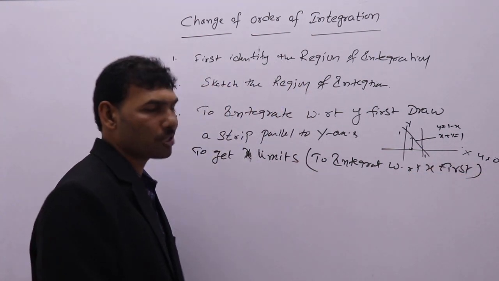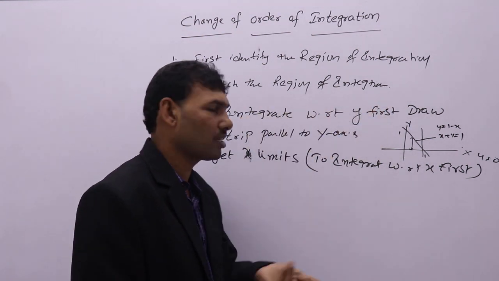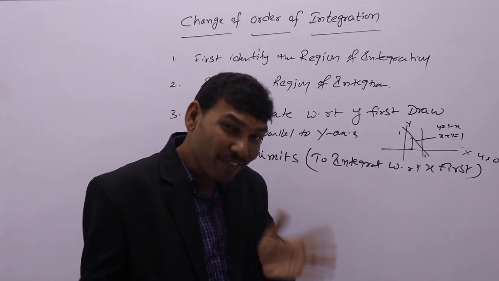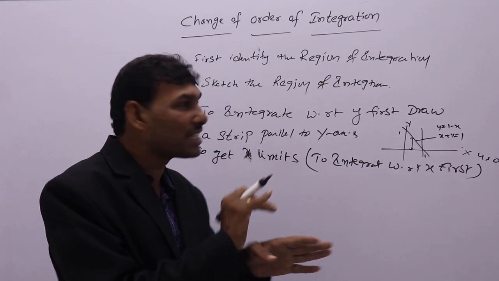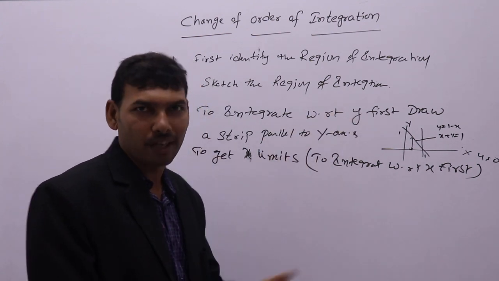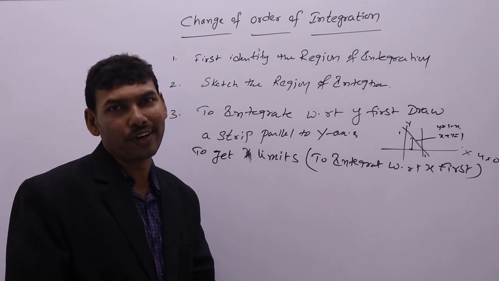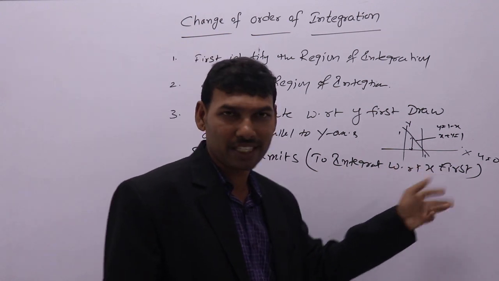This is the procedure to integrate with respect to y first. When you integrate with respect to y first in changing the order of integration, if in the given integration you needed to integrate with respect to x first, after changing you integrate with respect to y. Now, if in the given integration you need to do y first, after changing the order you need to integrate with respect to x first.